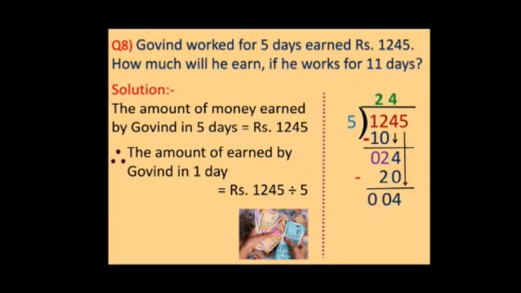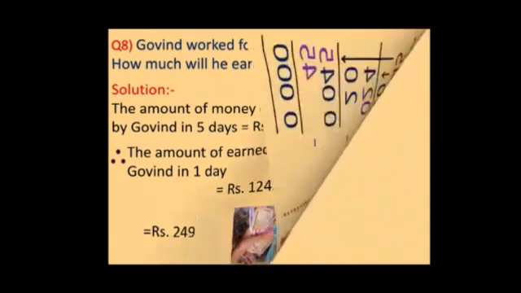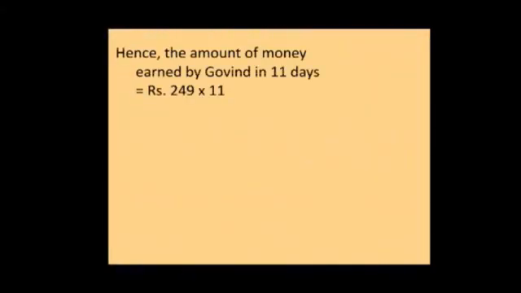Then we will write 5 here. Then 45. Then 5 9s are 45. So 45 minus 45 will be 0. So what will be the answer? Rupees 249. So hence the amount of money earned by Govind in 1 day is rupees 249.